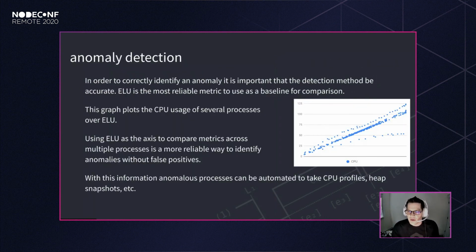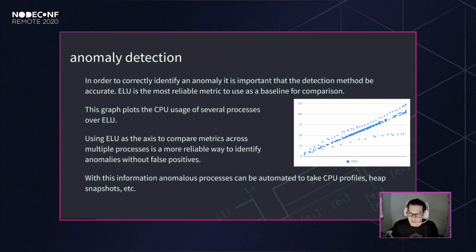All right, another area we can use ELU is anomaly detection. Since ELU is a more reliable and more consistent way to measure the metrics and the state of the application, we can use it by comparing several different processes together at the same time.